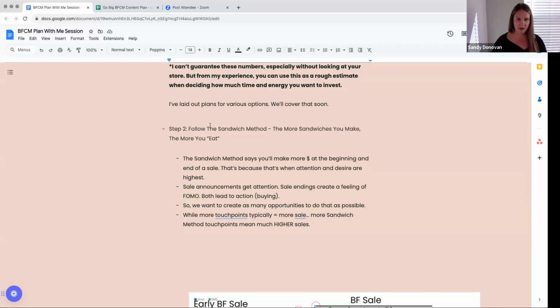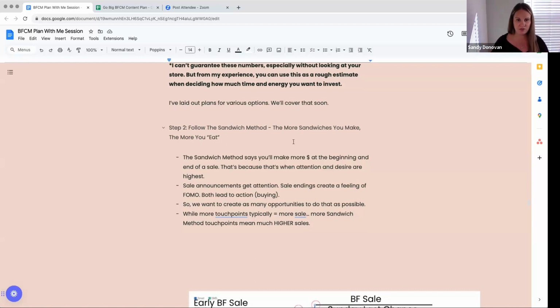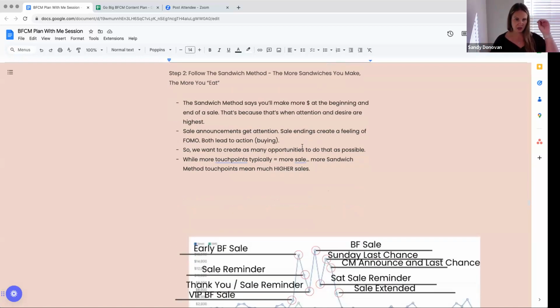The other thing that I want you to know before you choose your track, I want you to think about the sandwich method. The idea is the more sandwiches you make, the more you're going to eat, the more sales you make, right? The sandwich method says that you're going to make more at the very beginning of the sale and the very end of the sale than you will in the middle. And you just saw examples of that, right? That makes sense. You have something to say, big sale, sale is ending.